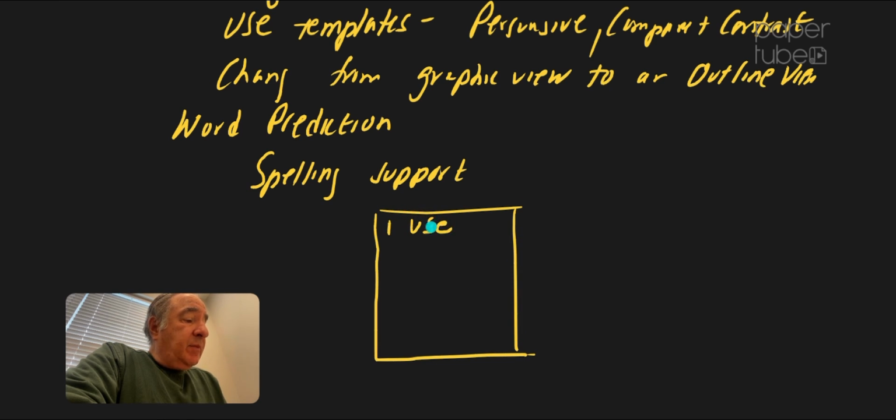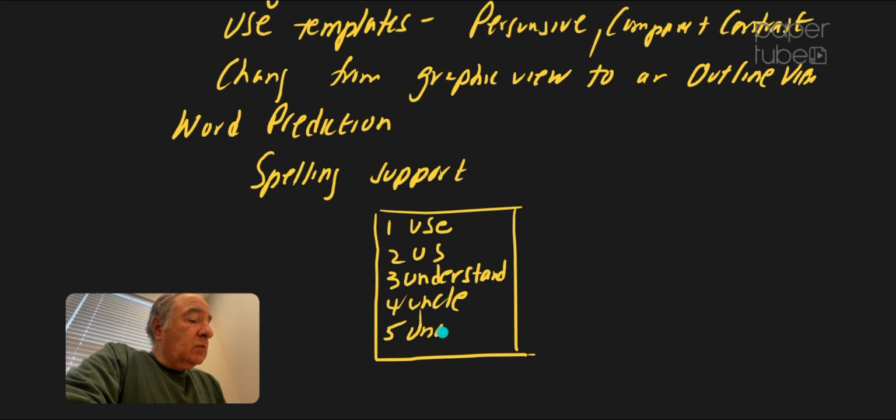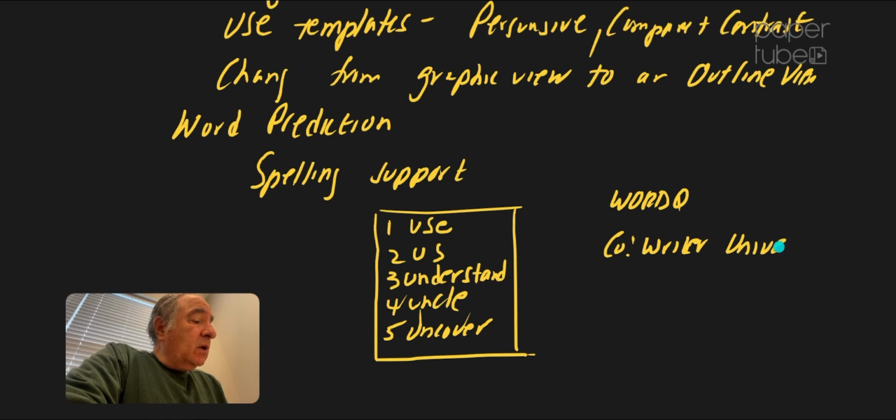They type the letter U, and then the program will begin to predict words that they might want to use. Some common word prediction applications are WordQ and Co:Writer Universal. And we'll take a look at a couple of these during the semester.